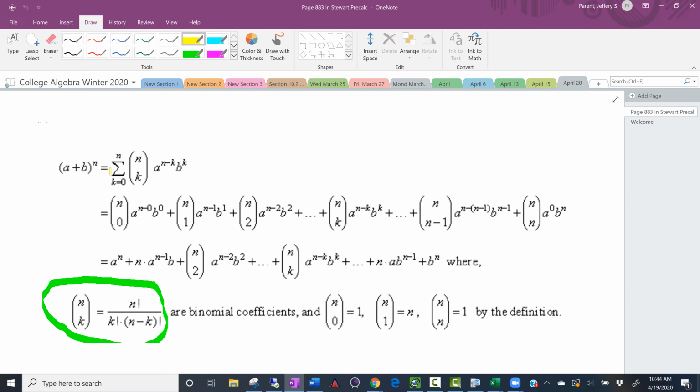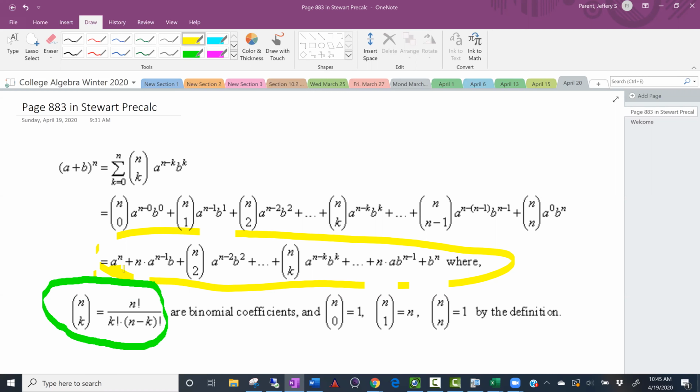Notice all we need is the first 3 terms. So I need this one, and this one. So in our particular case, n is going to be 30. So let's keep that in mind as we look at this latest example.